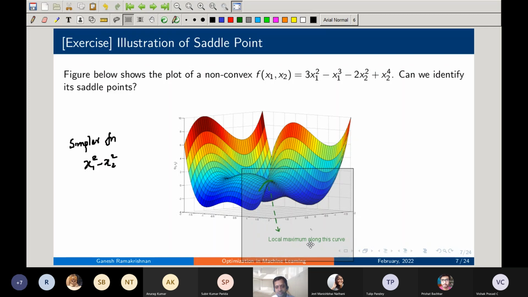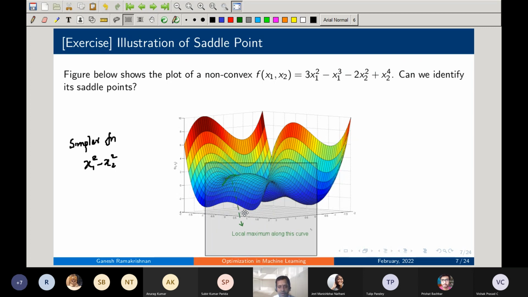So if you see here, at the point at the corner sitting here, or you can also consider a point here, that will also be a saddle. Let's say this point.